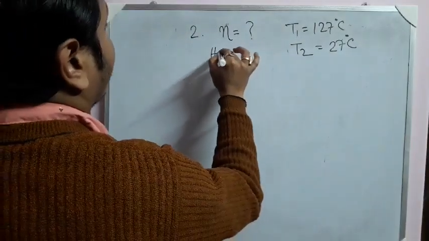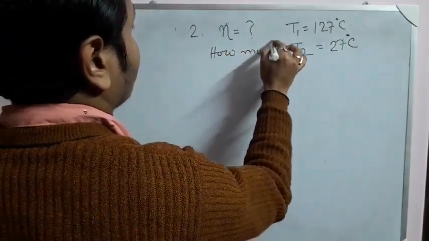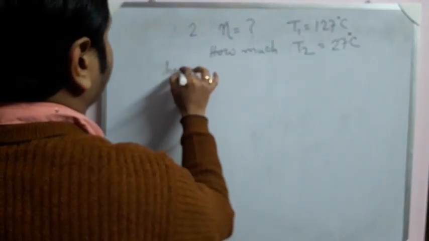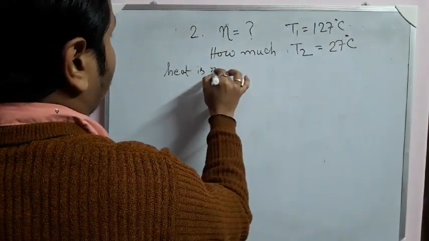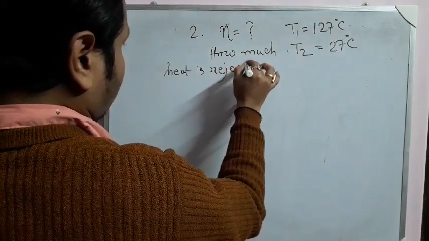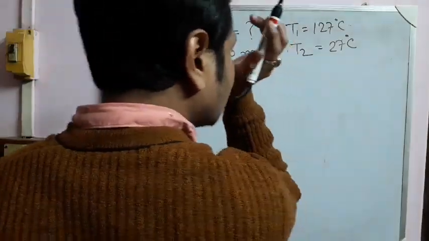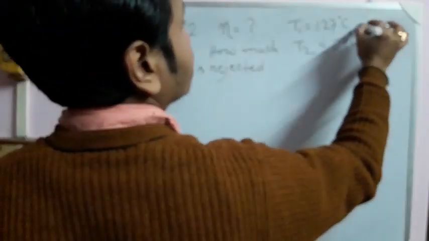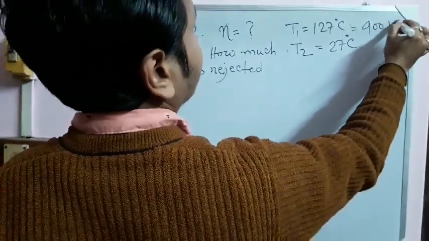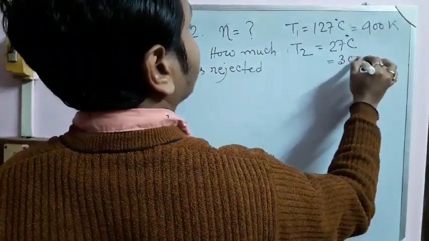Find how much heat is rejected. So what will this be? This is 400 Kelvin, and this is 300 Kelvin.